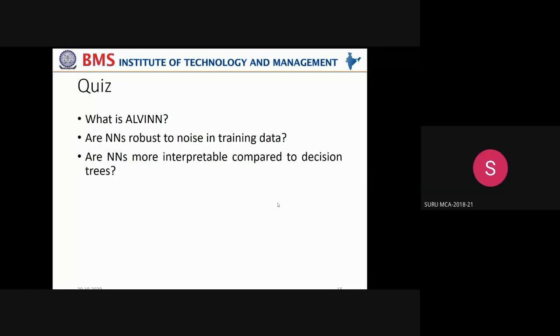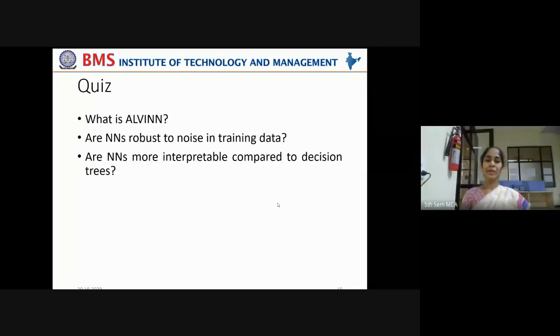Is it image capturing or autonomous driving vehicle? Alvin is an autonomous driving vehicle, right? Which will capture dynamic images, process the data, and guide the vehicle to move in a particular direction. Alvin system is an autonomous driving vehicle.